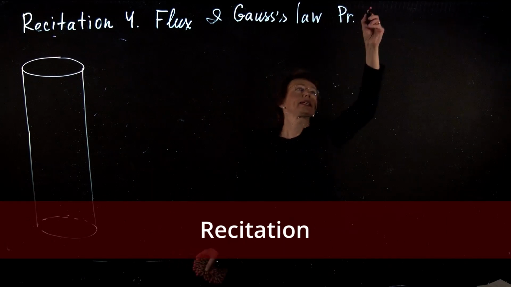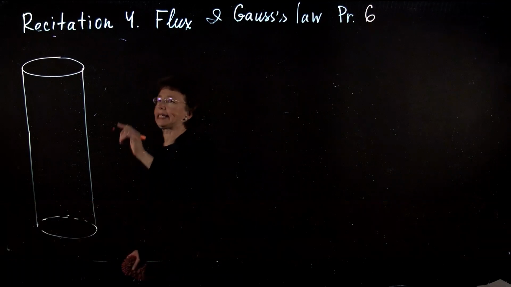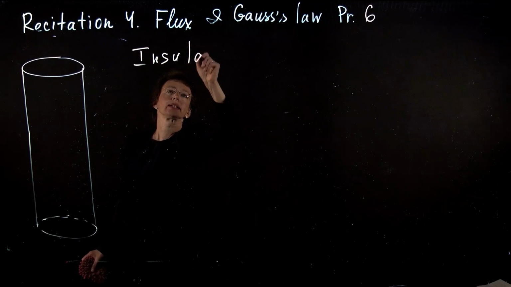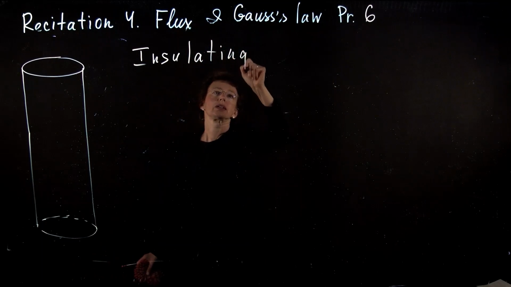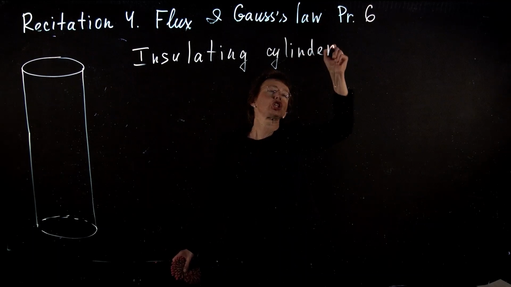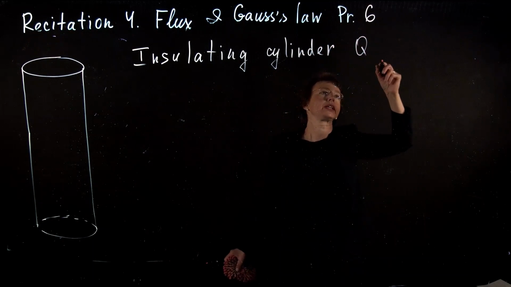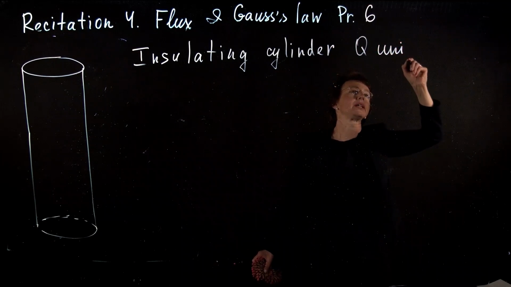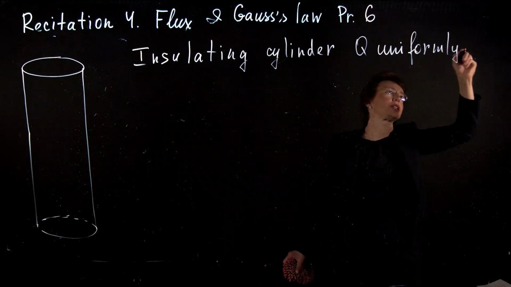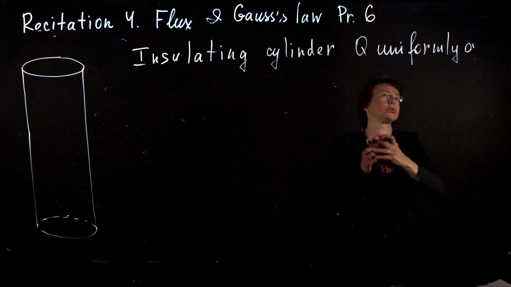For problem 6, we will consider an insulating cylinder with charge Q that is uniformly spread over the volume.